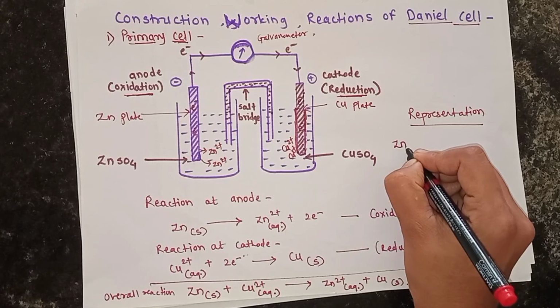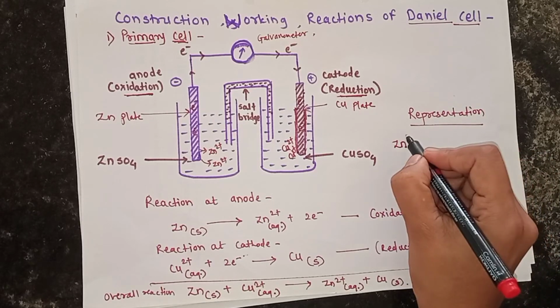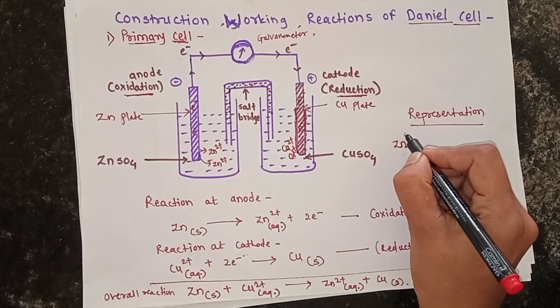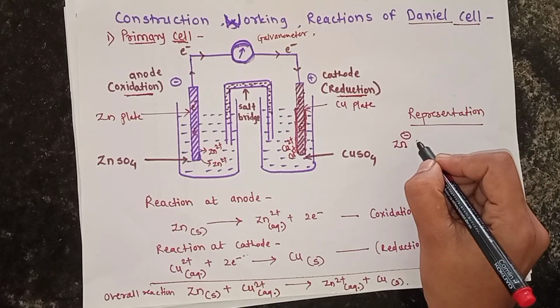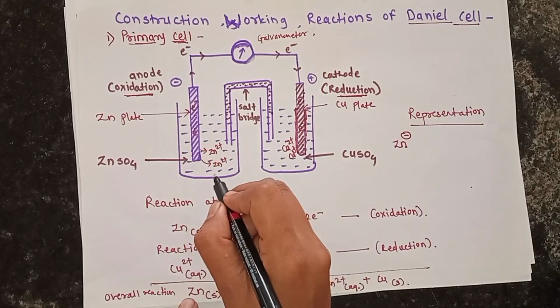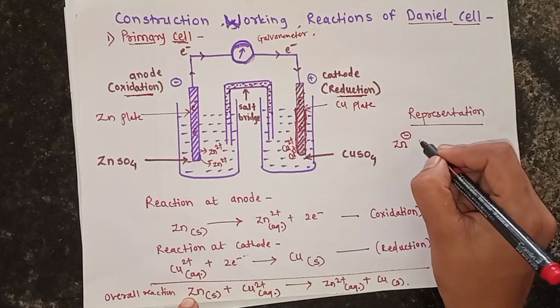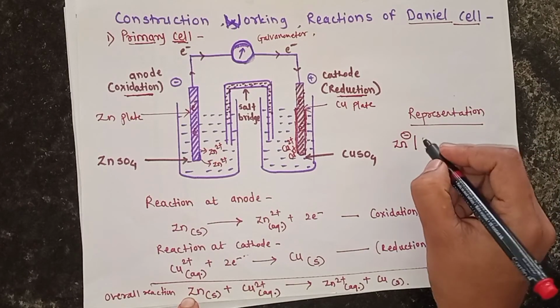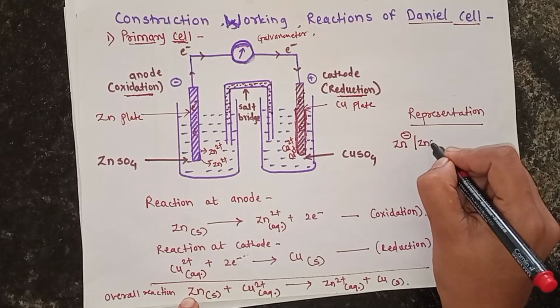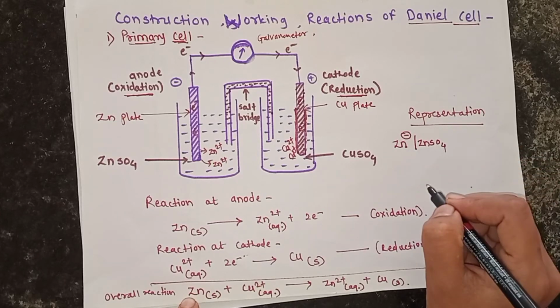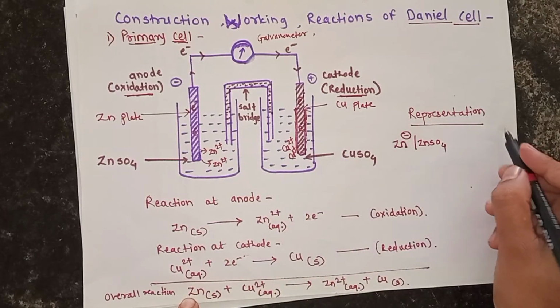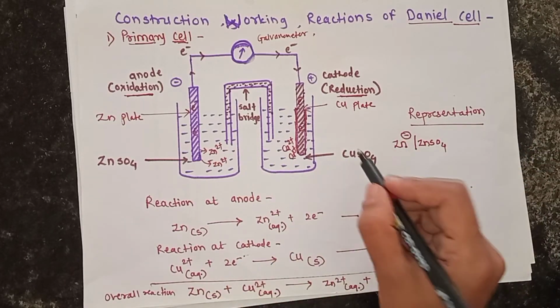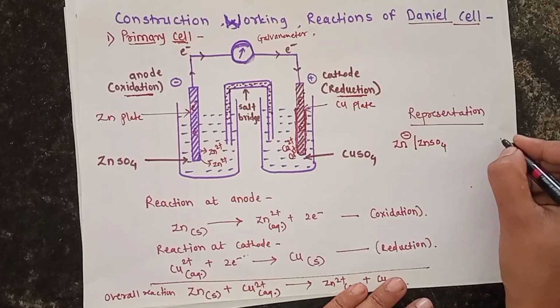This anode has a negative charge and is placed in the electrolyte solution. So the phase boundary is denoted by a single vertical line, and we write the electrolyte solution, ZnSO4 solution. The cathode electrode is written on the right hand side.